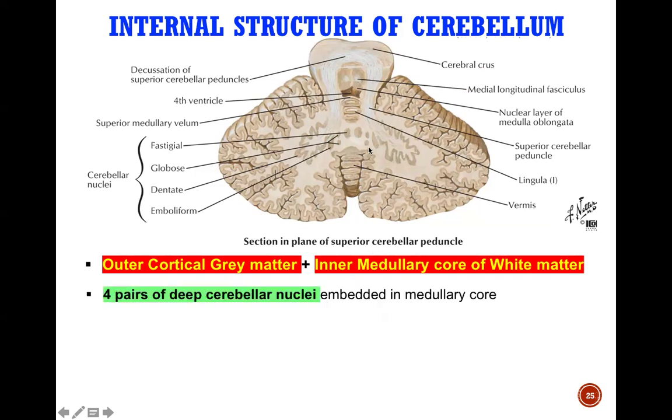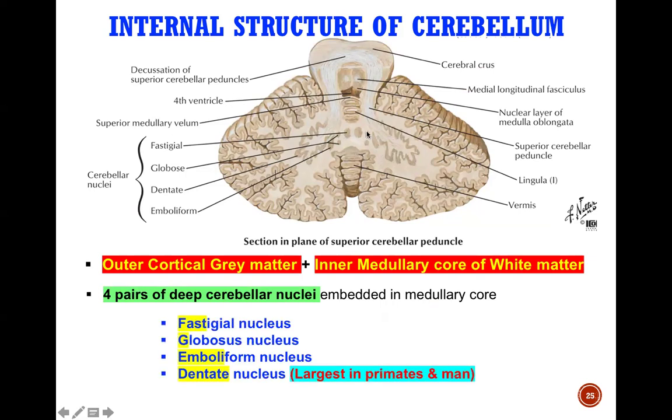It also contains four pairs of deep cerebellar nuclei present in the medullary core, especially in the white matter. Here in the white matter part, you can see the fastigial nucleus, globose nucleus, dentate nucleus, and the emboliform nucleus. These are the four nuclei present in the cerebellum.